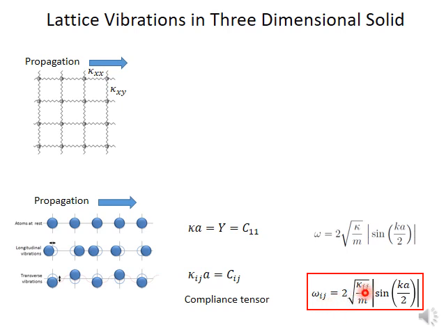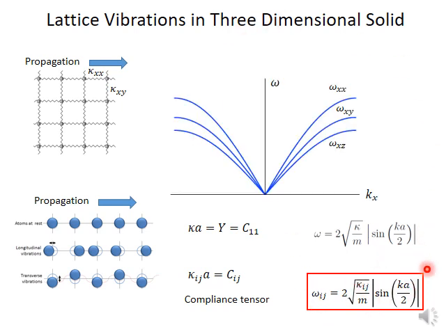If you put kappa xx here, you would get the longitudinal mode along the x direction. If you put kappa xy here, you would get the transverse frequency where the propagation is along the x-axis and the oscillation and displacement are along the y-axis. That would be one of these transverse oscillatory components.